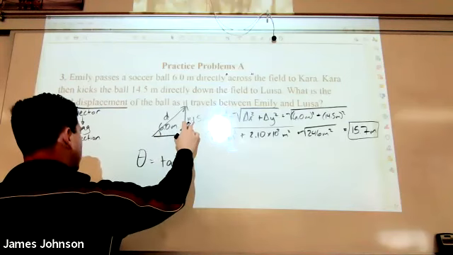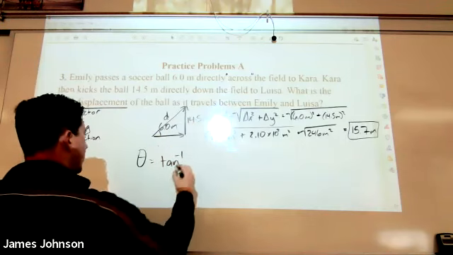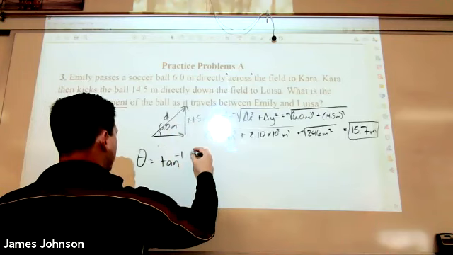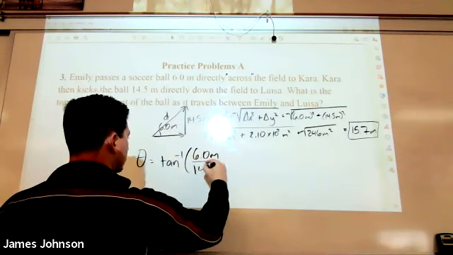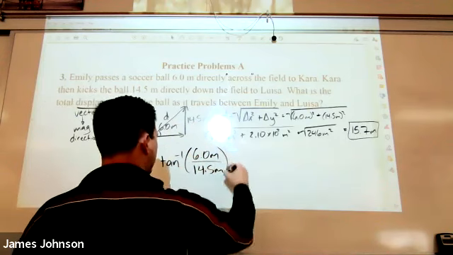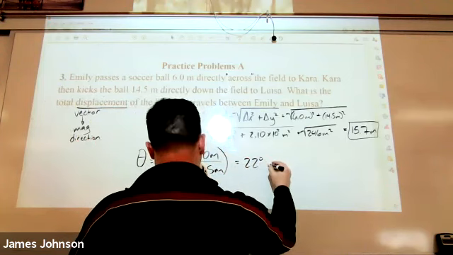Delta y over delta x. This would be a little bit backwards. Which ends up being 22 degrees.